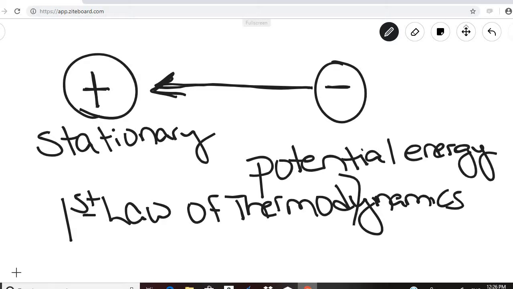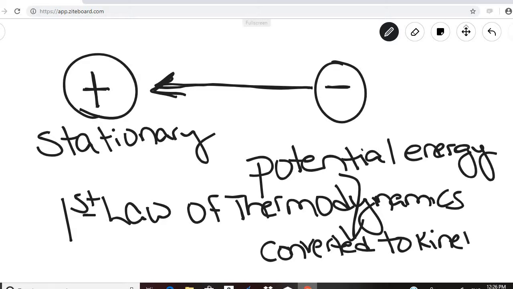This potential energy got converted to kinetic energy. These are some of the things that we are going to be working with.